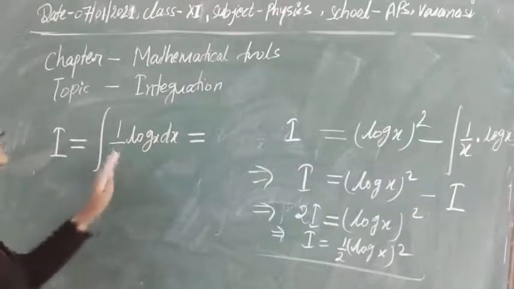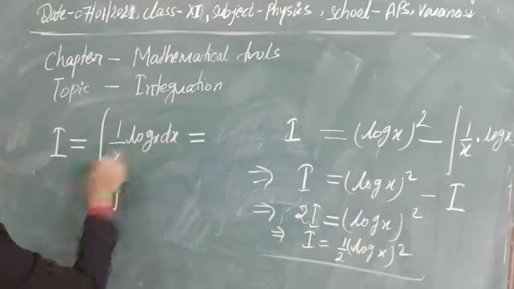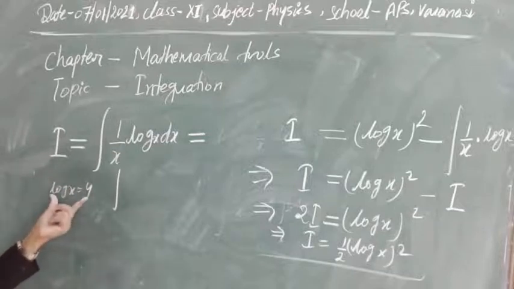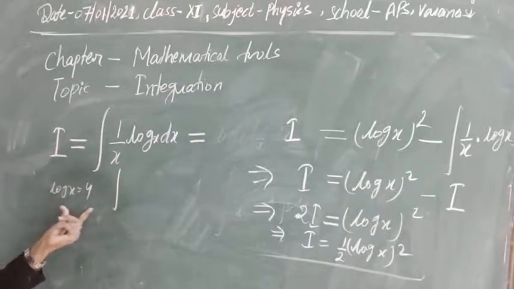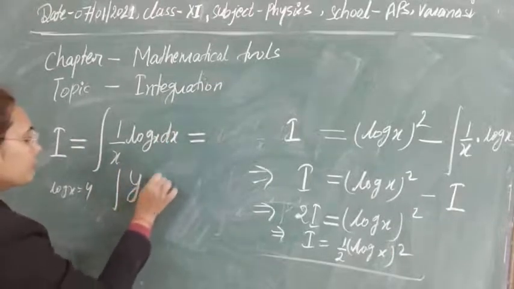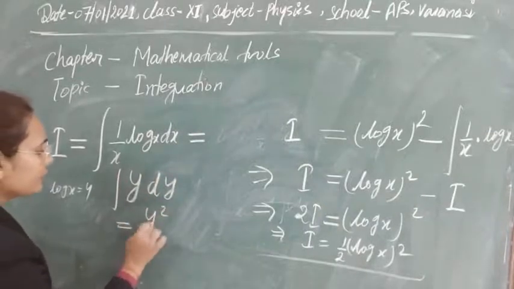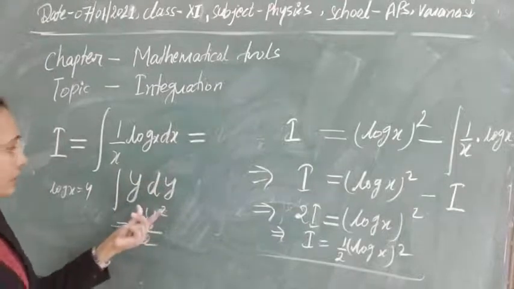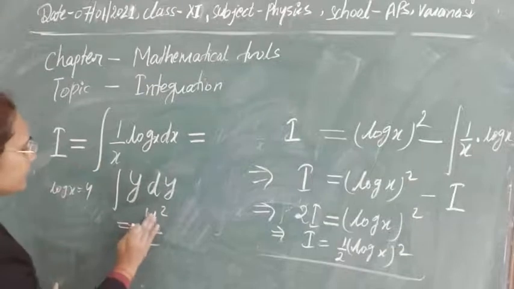I think I have already told you, so I can directly substitute: in place of log x I substitute y, and if you differentiate, dx by x becomes dy. So after substitution you get y dy, and after integration of y with respect to y you get y square by 2. Now put the value of y, that is log x.